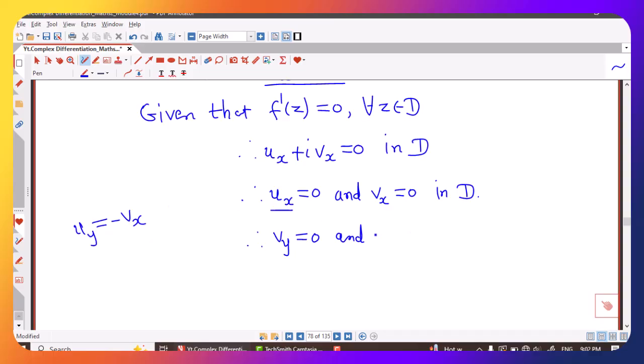Therefore del v by del x is minus del u by del y equal to 0, and that means del u by del y equals 0 in domain D.